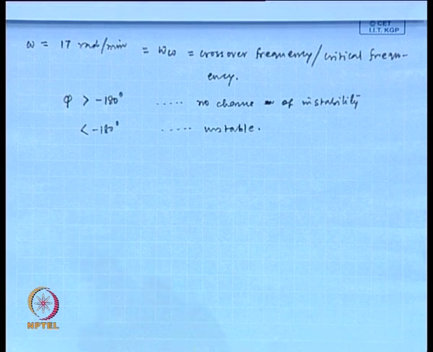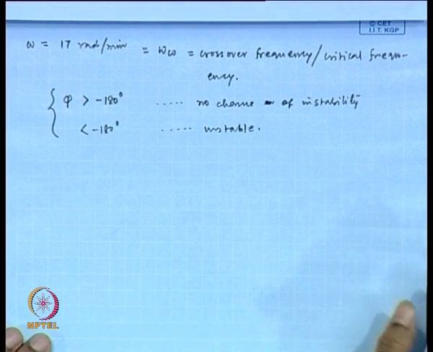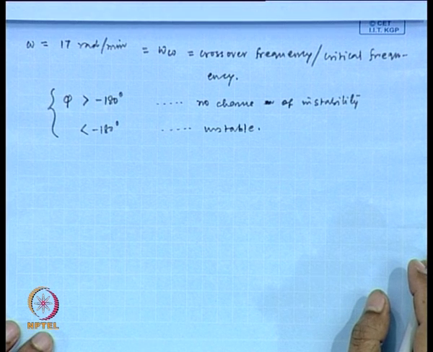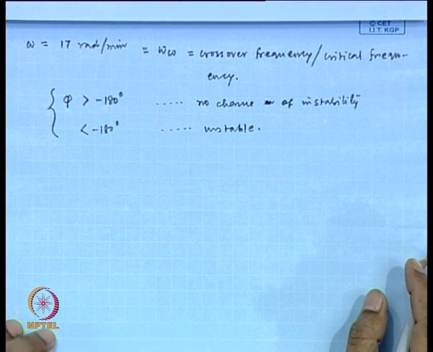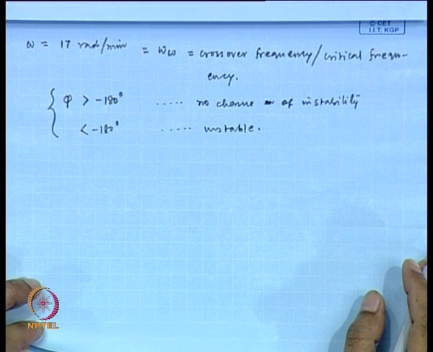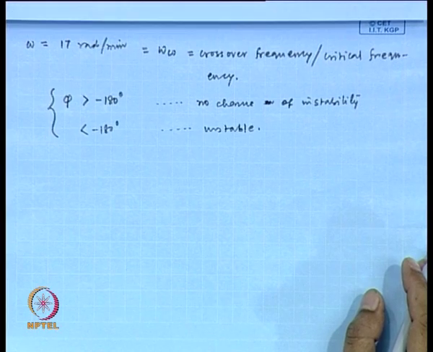So, we got crossover frequency equal to 17 radian per minute. Here the dead time is given in minute and time constant is also in minute.